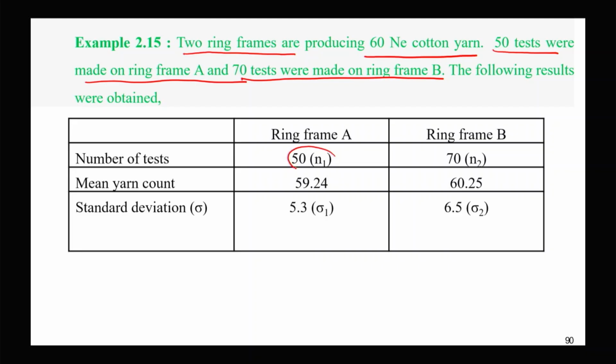So 50 and 70, and the targeted count was 60. Ring frame A is producing 59.24 count, and ring frame B is producing a little bit finer one, and standard deviations are given.